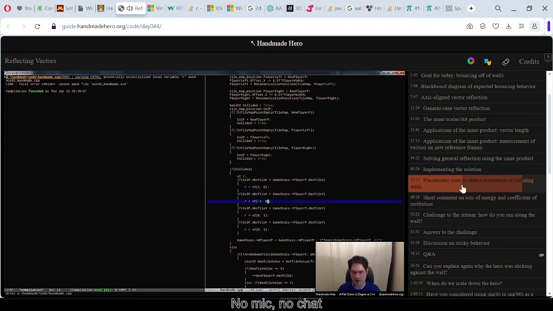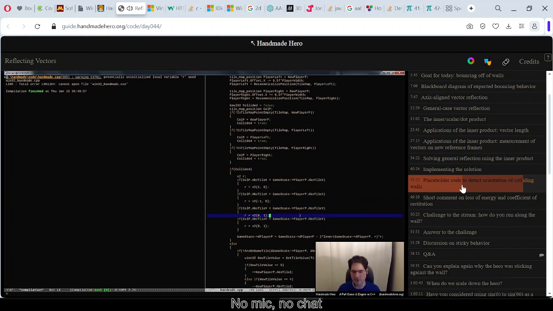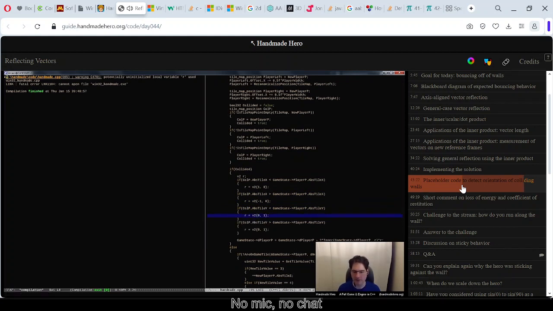So I have the wall pointing to the left. In this case, I am moving up. And so the wall is pointing down, right? Is that correct? Yes. Wait. No, it's less than, so it's moving down, so it'd be up, right, and then that. I believe that is all of them.